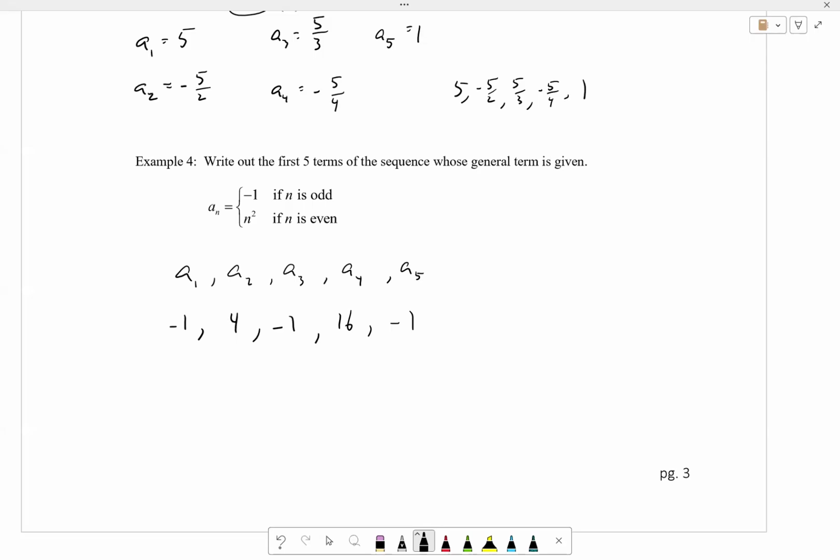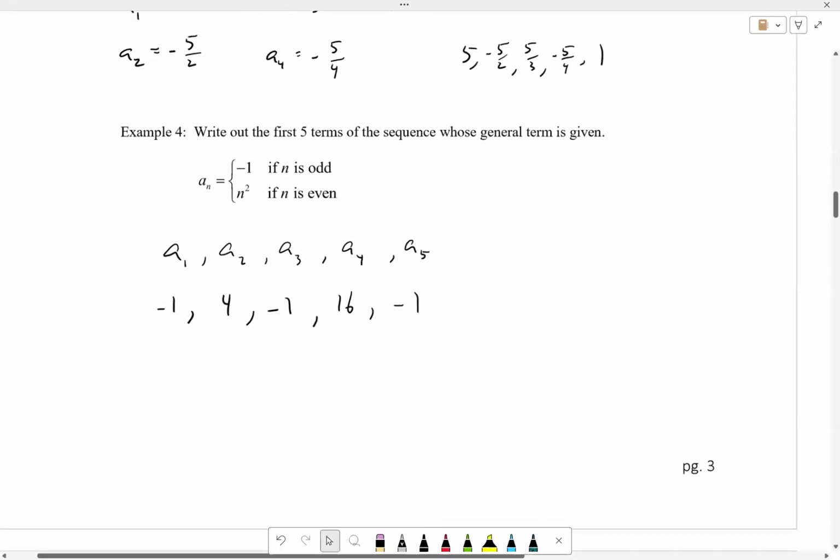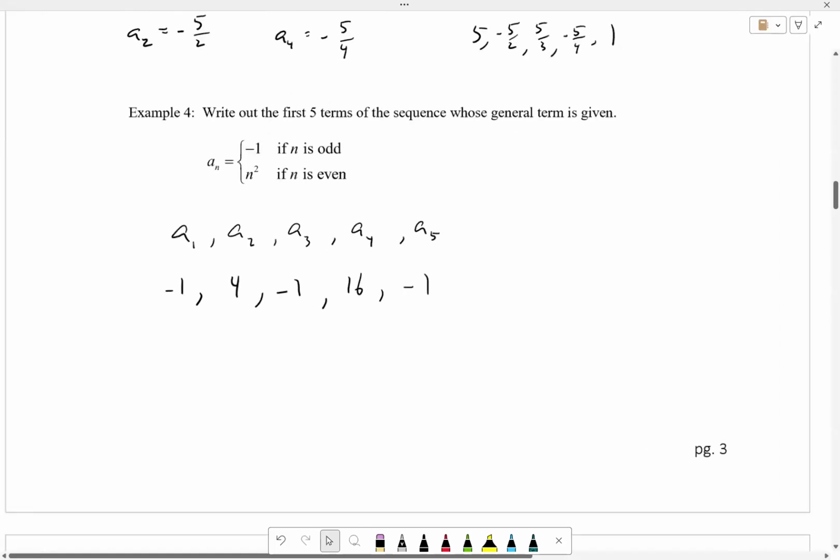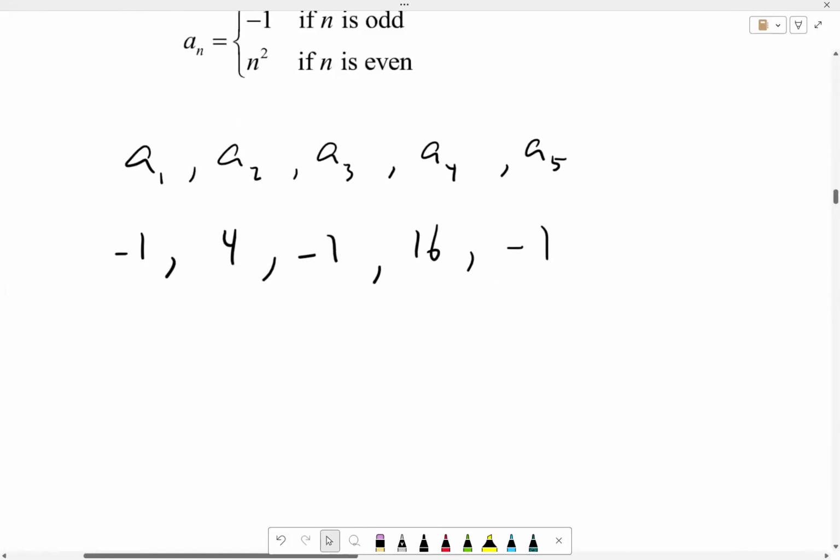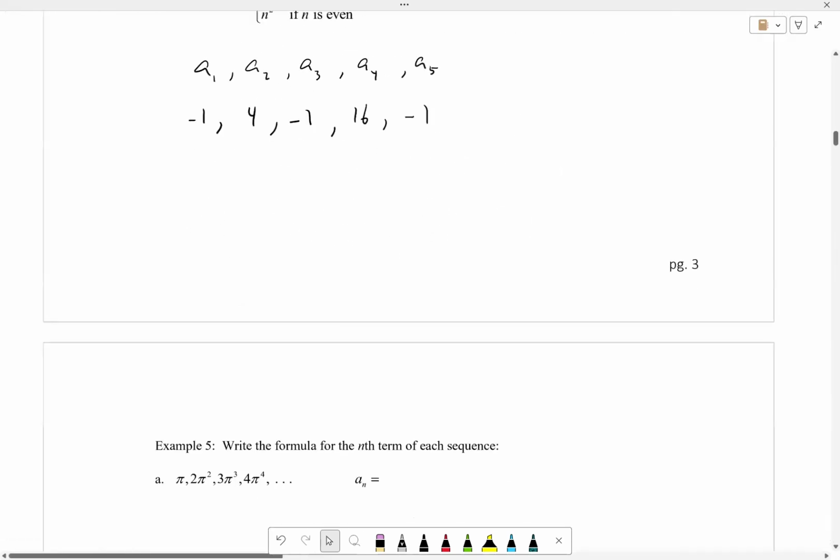It's an ordered list of numbers. It doesn't have to be from smallest to greatest. Don't reorder a sequence. So it is what it is. The fourth one has to be the fourth one. The first one has to be the first one. Cannot be manipulated, even though it's a little bit strange that those are all the same. The odd ones are the same. It is what it is. Just a list.